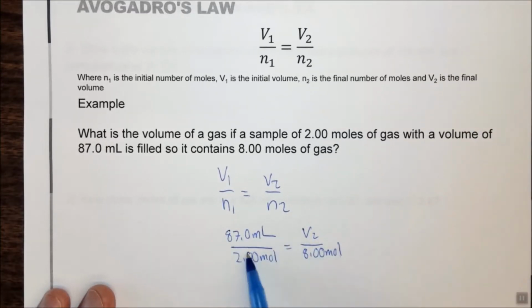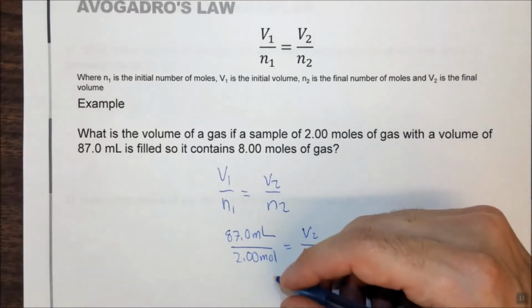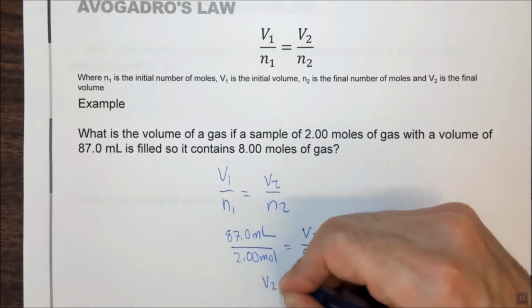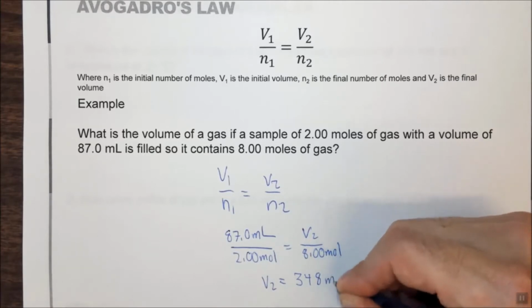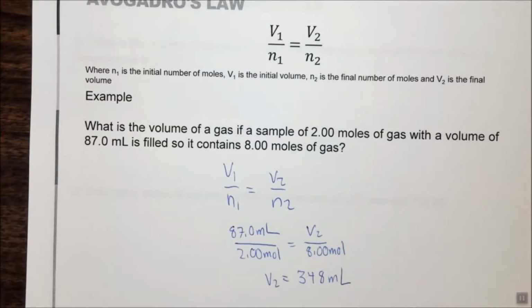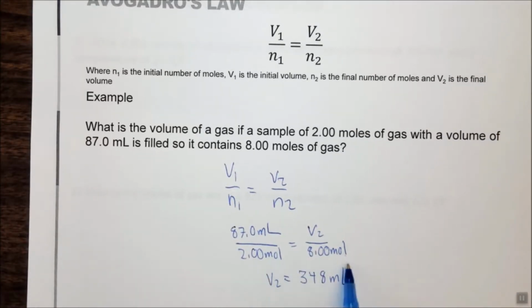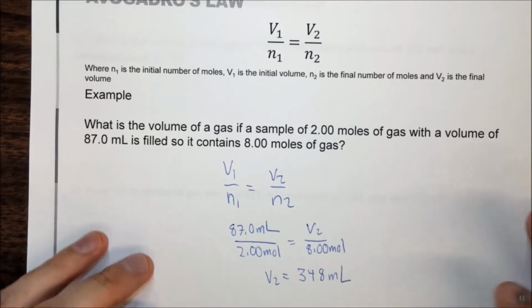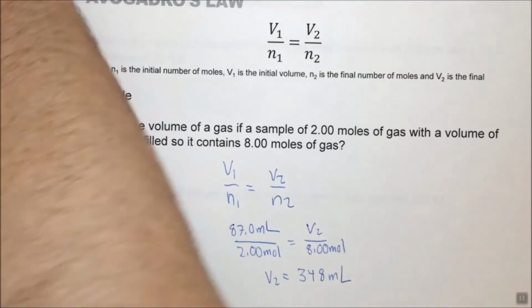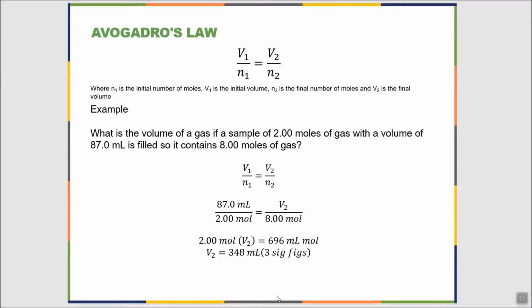Cross multiply, then divide by this one, and what you find out is V2, the final volume, to 3 significant figures, is 348 milliliters. So essentially, we made 4 times more moles, so we made 4 times more milliliters as well. This is Avogadro's law.